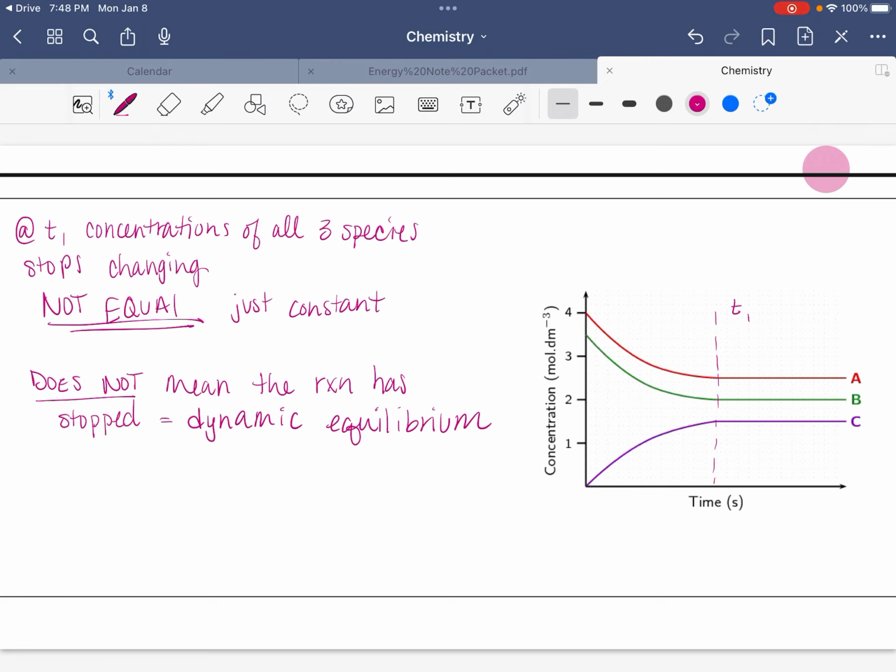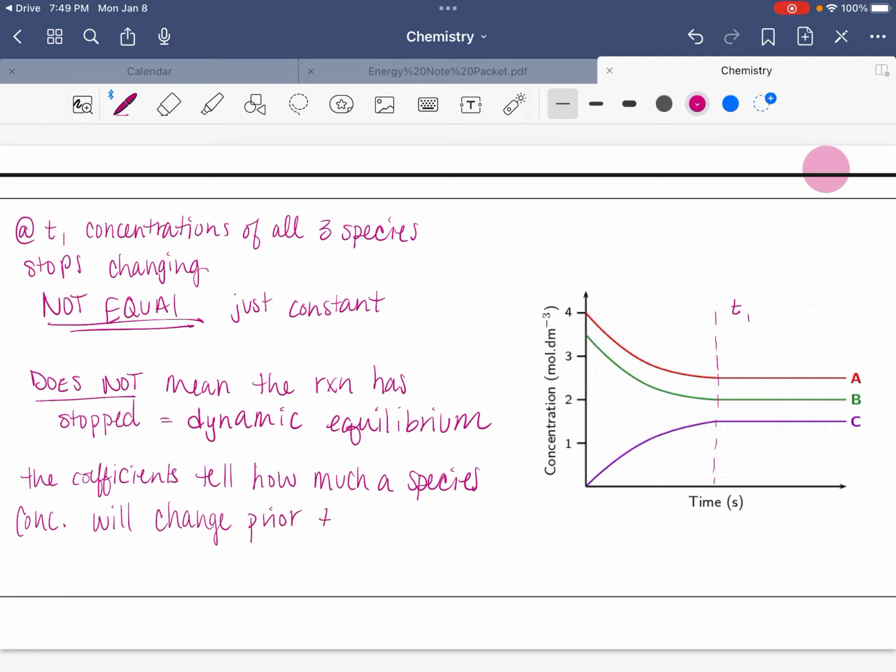In a chemical equation, the coefficients tell how much a species' concentration will change prior to equilibrium.